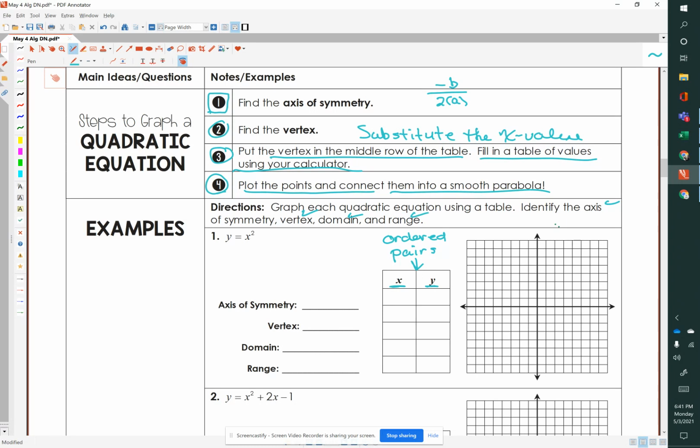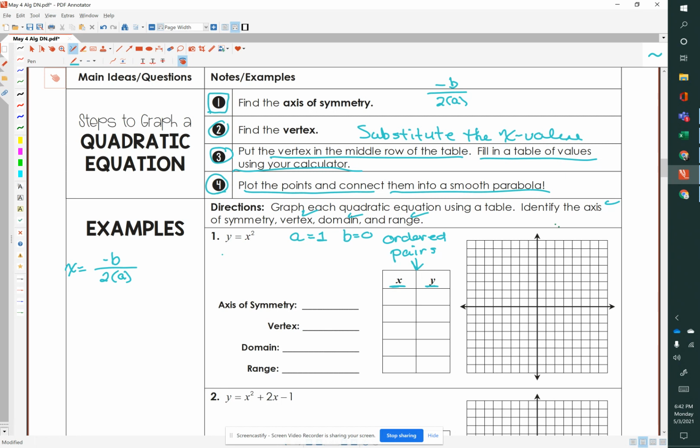So we start with a really simple parent form of the quadratic, which is y equals x squared. So our a value is 1, our b value is 0. So remember, it's negative b divided by 2 times a, and that will give us our axis of symmetry.